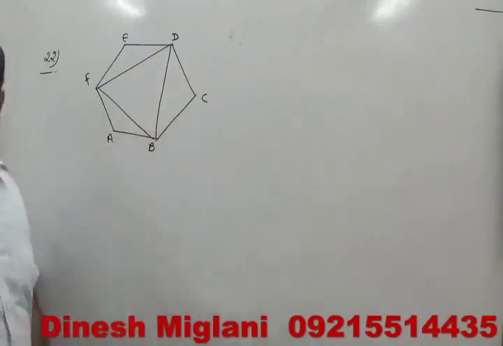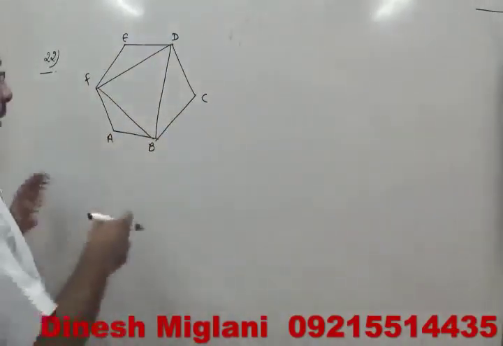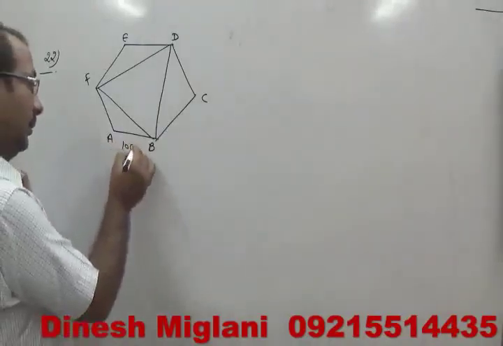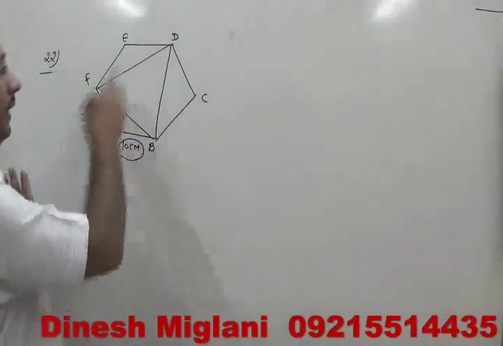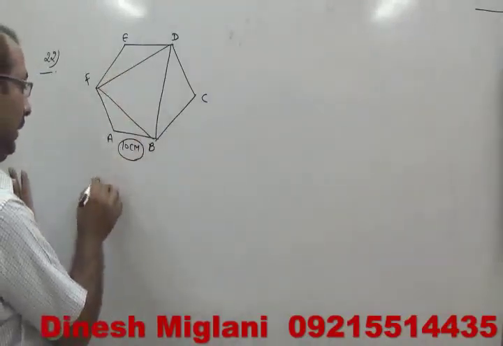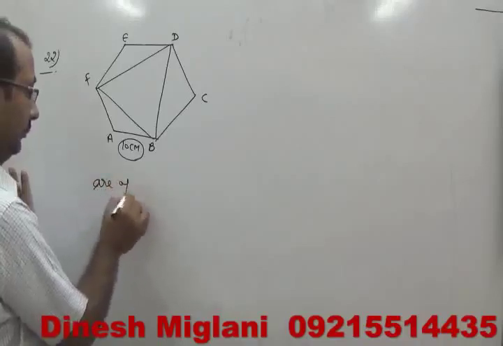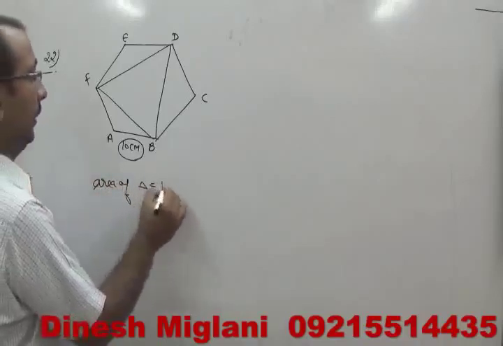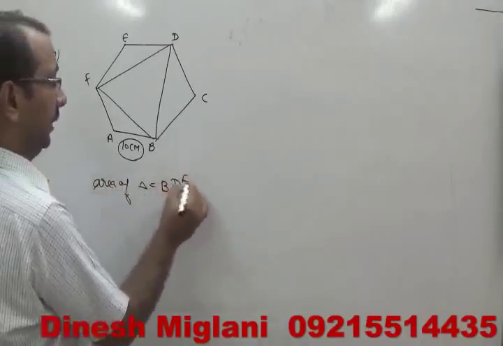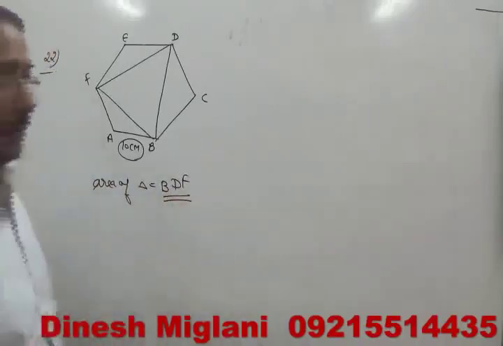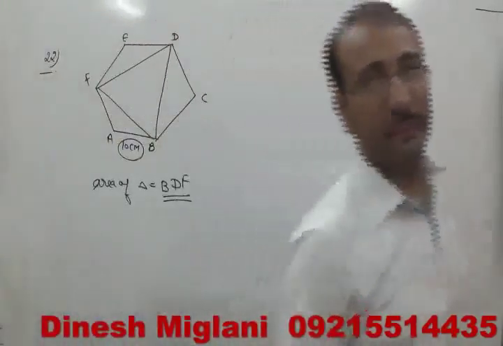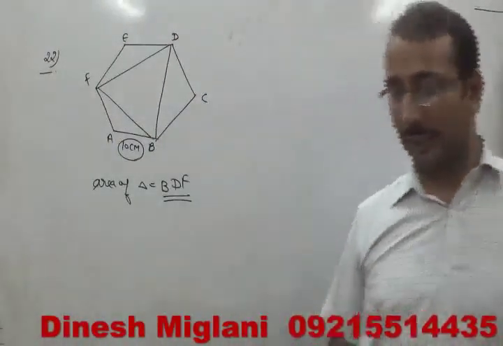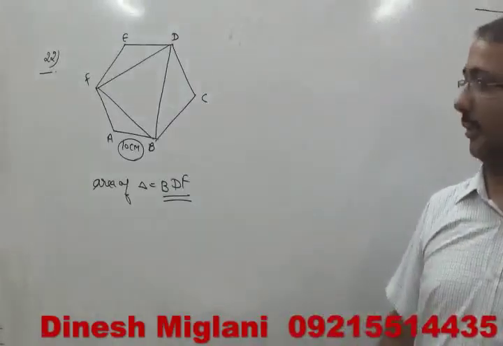He's asking that if the side of the hexagon is 10 centimeter, you have to find out the area of this triangle BDF. Or the question may ask to find the ratio of the areas, any number of questions can be there, right?